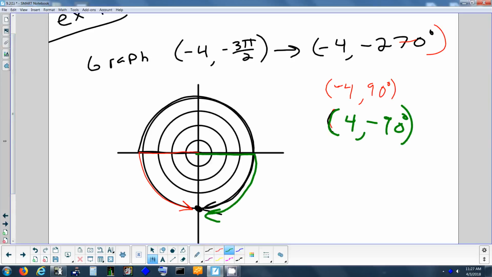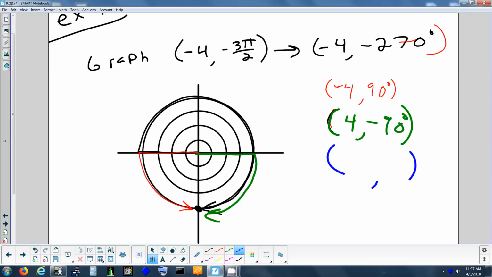And 90 clockwise. That's good. And now there's one more way we can get to that point. So we've got the negative, negative. We've got negative, positive. Positive, negative. We don't have the positive, positive yet, which I think is probably the easiest if you like positives.